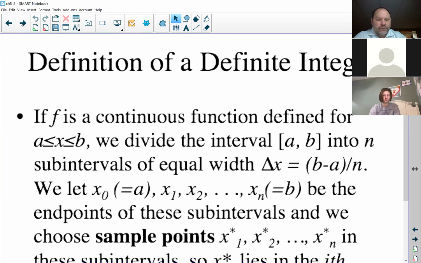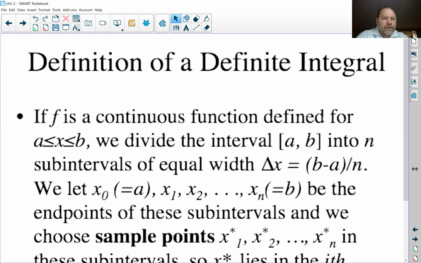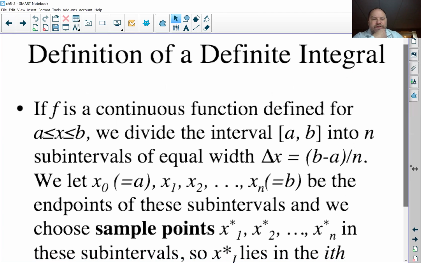So I am going to minimize. There we go. If we have a function that is continuous and defined on the interval from a to b, and we divide that interval into n subintervals of equal width, just like what we did on Tuesday.